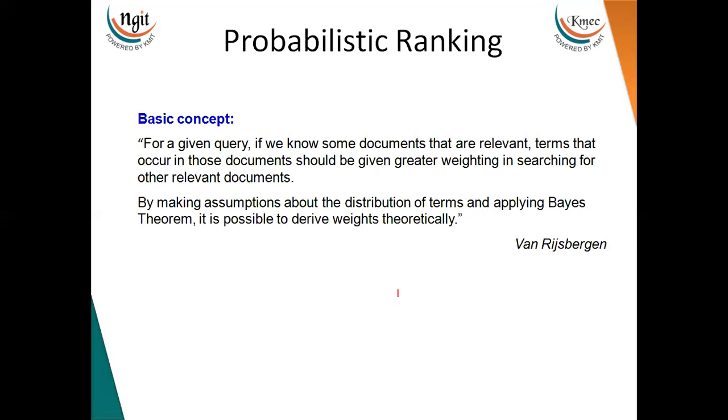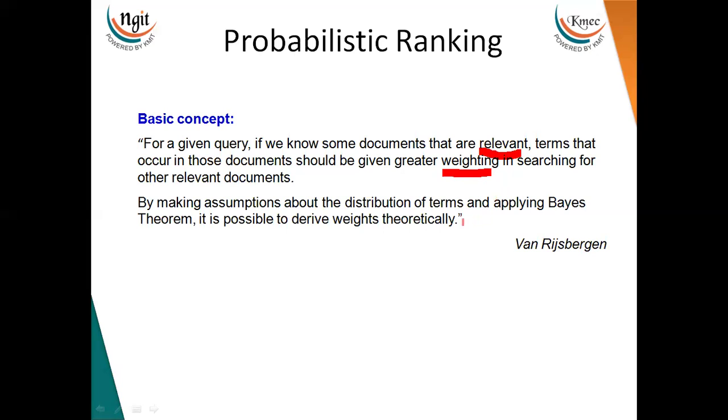Now here, don't forget a very basic principle: when a query is posted by the user, I will return some documents to the user. I know that these documents are relevant. Now, if these documents are relevant, then they should be given some weighting in searching. And this weighting should be based on their relevance.